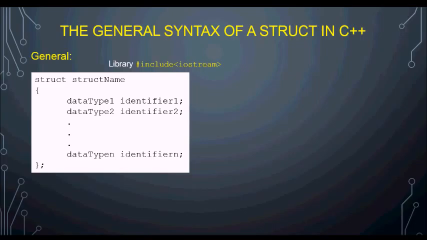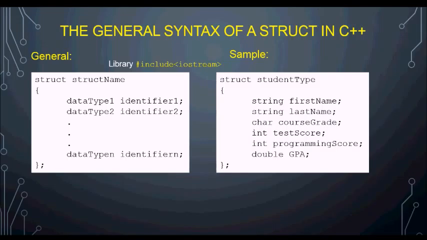To make it clear, this is an example. First we use the keyword struct, then the struct name, which is studentType. Inside the open and close braces are the data types and the identifiers. The example is string firstName, string lastName, char courseGrade, int testScore, int programmingScore, and double GPA.